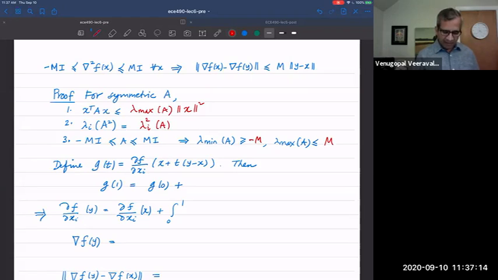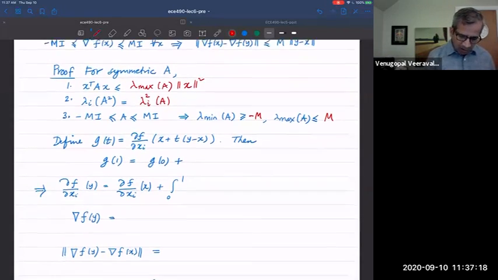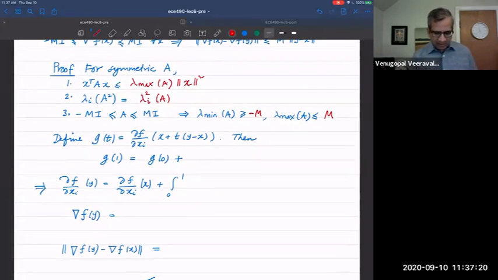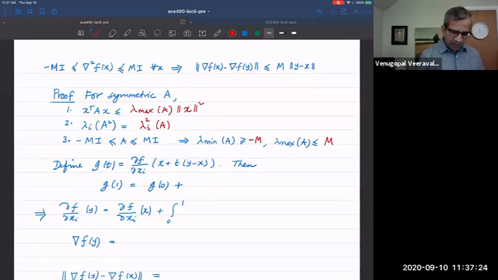Okay, this is again very easy to establish. So let's start with those facts and then use them to show this result. We're trying to show that if the Hessian of f satisfies these conditions, then it's gradient Lipschitz.